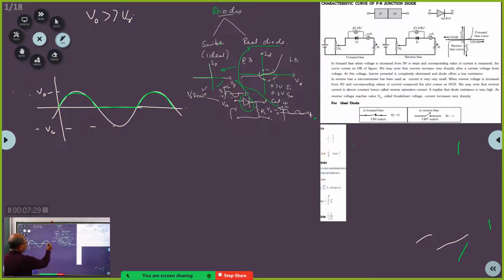Sir, that waveform till it reaches the cut in voltage. See, you didn't listen to me. If you consider the diode to be ideal, then this output waveform will be like this. That's what I said. Yes.